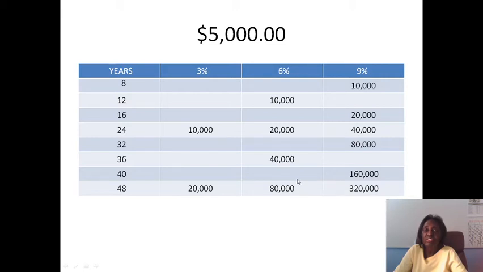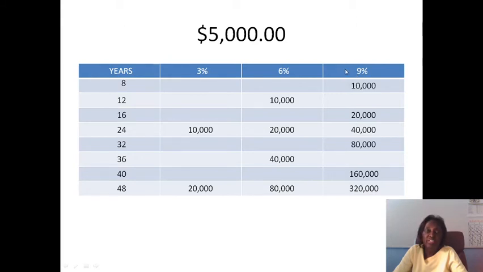So now let's take a look at 9%. All right? 72 divided by 9 is 8. 8 times 9 is 72, right? So that means that same $5,000 is going to double in not 24 years, not 12 years, but 8 years. All right, so let's take a look at that. 9%.